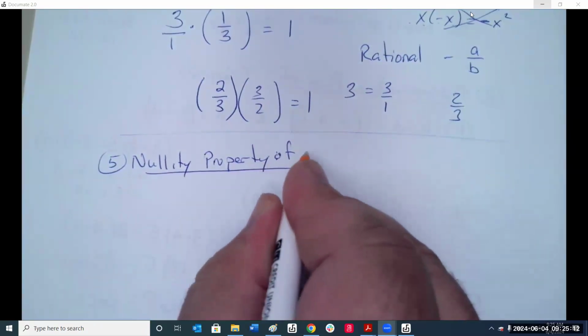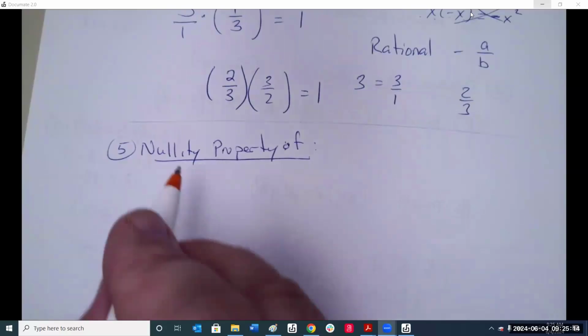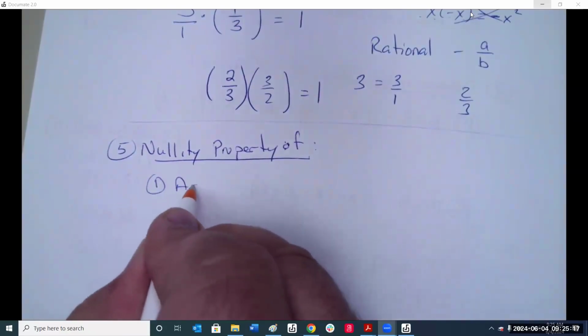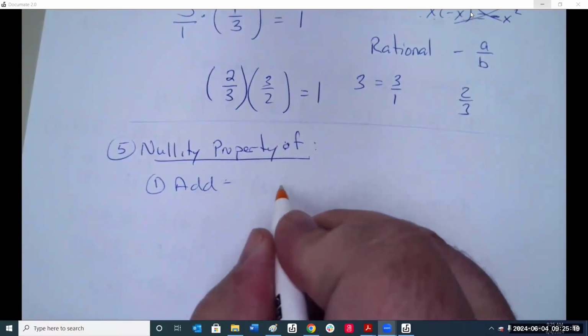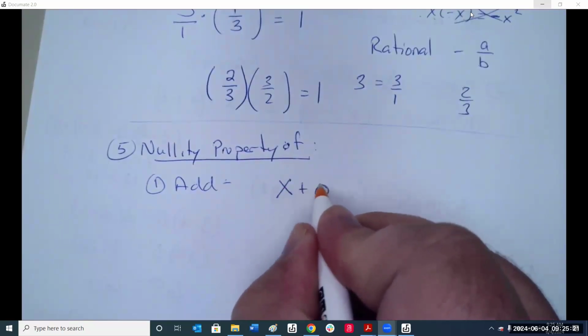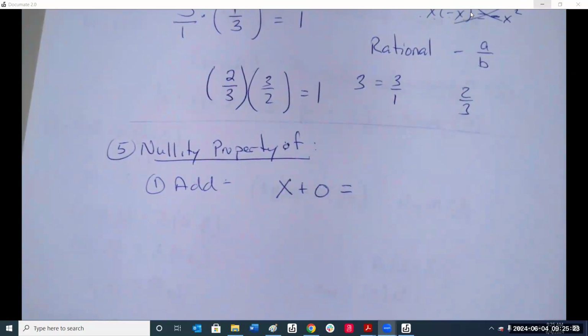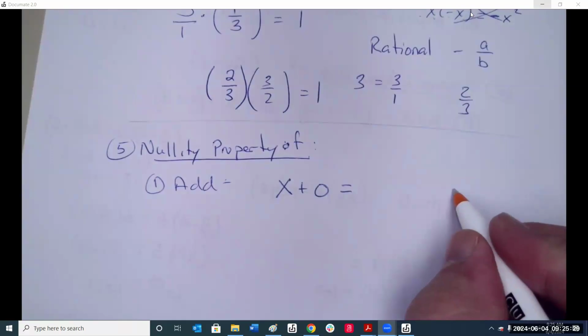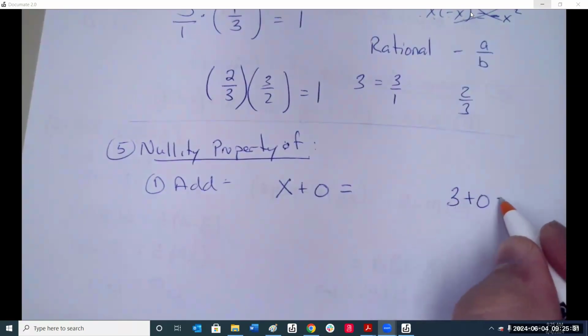The nullity property. X plus 0 equals what? Three plus 0 is what?